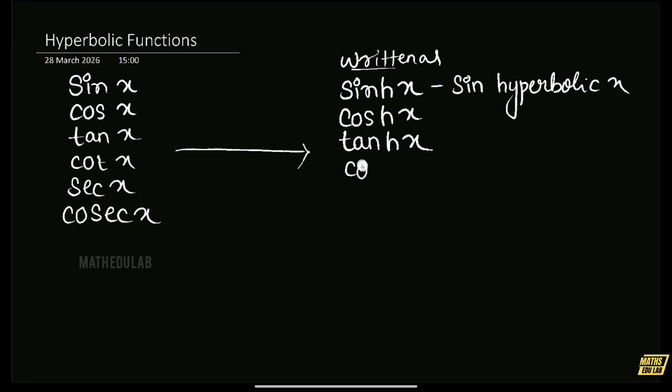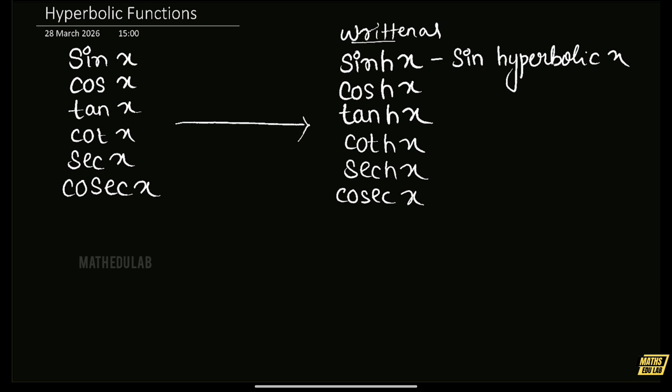Then sec hyperbolic x, cosec hyperbolic x. So in this chapter we will learn the similarity and dissimilarity between the hyperbolic and trigonometric functions. So let us derive some formulas for these hyperbolic functions.